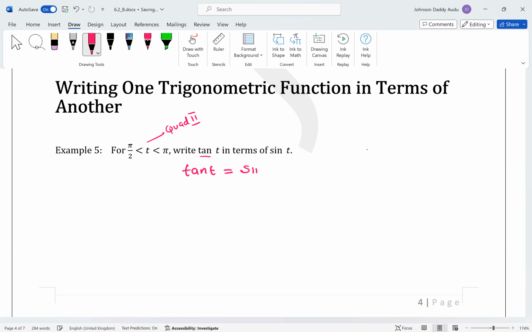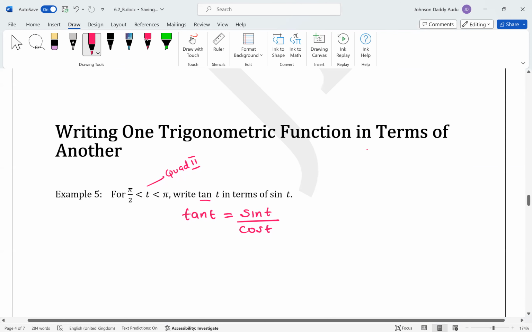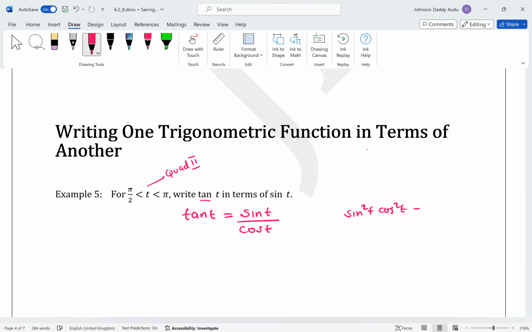We know that tan t can be written as sine t over cosine t. And there is a fundamental or Pythagorean identity between cosine and sine. We know that sine squared t plus cos squared t equals 1, right? Which means cos squared t is just 1 minus sine squared t.